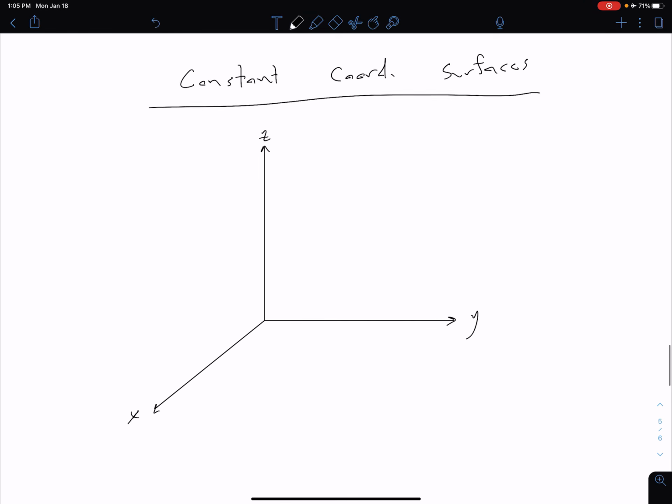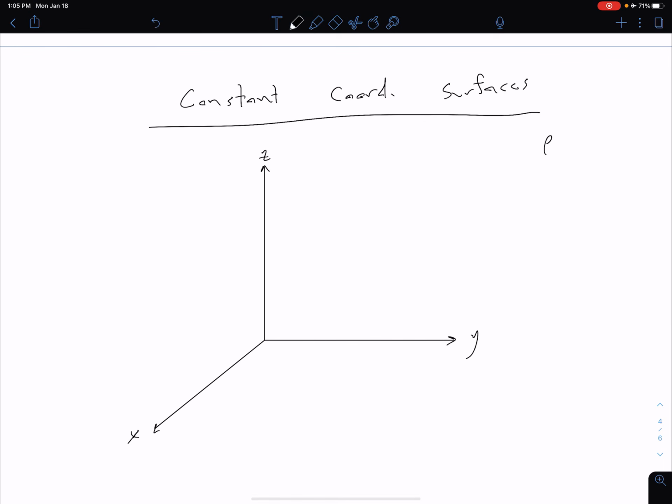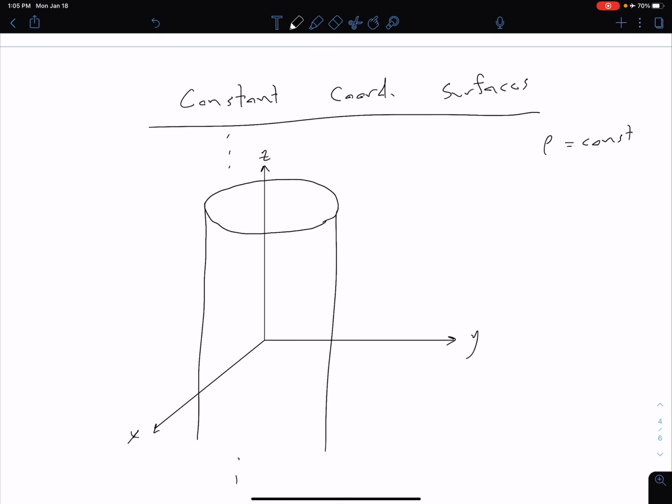Let's say we keep our rho constant, so that first one. So maybe our rho is set equal to something. What we're going to end up with is a fixed distance from our z-axis. So that should be a cylinder that is centered on our z-axis, and that extends in both directions. So it has all possible phi values, all possible z values.